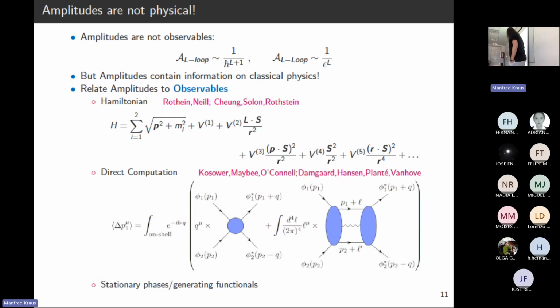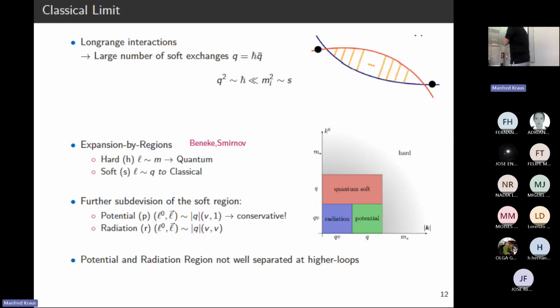There are some other approaches which I don't want to go into detail about here. In the following, I will give you one example where we extract this Hamiltonian for spinning black holes, and then another, very quick example of a direct computation from first principles of the gravitational wave from amplitudes. So how do we get out of quantum scattering amplitudes to classical physics?